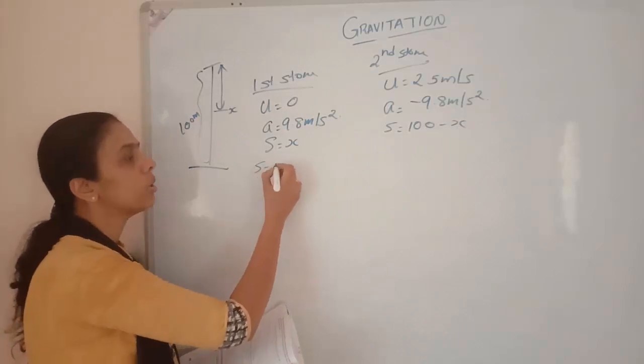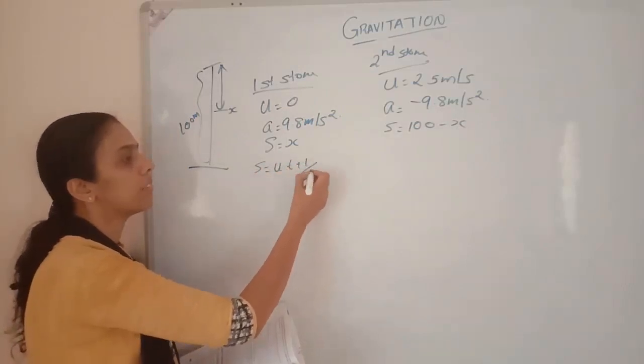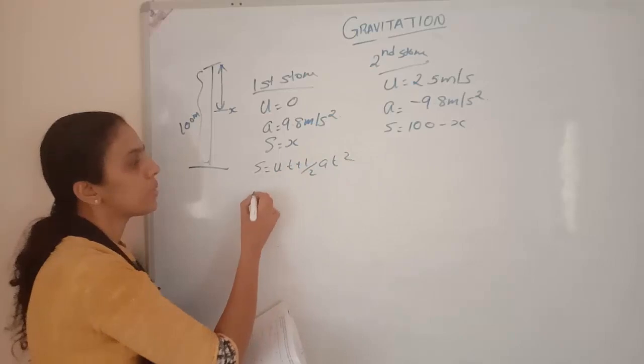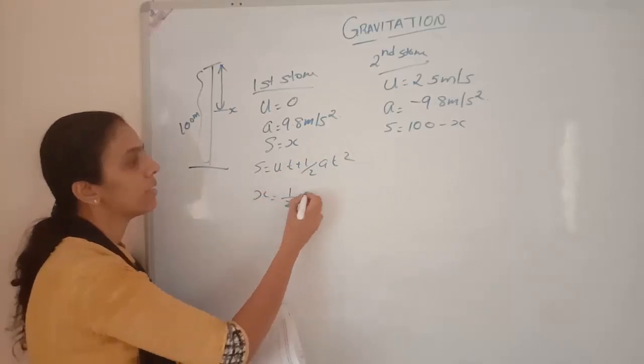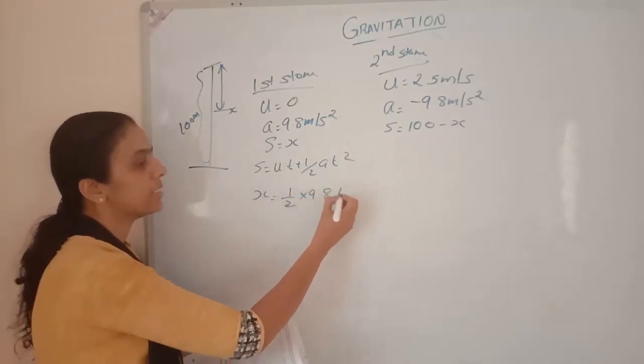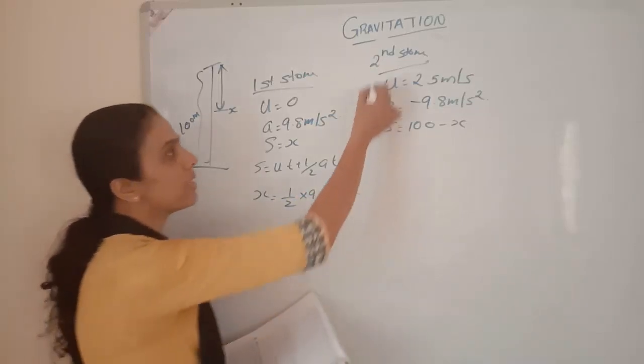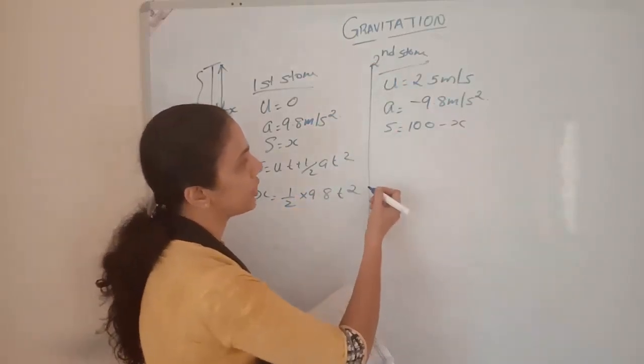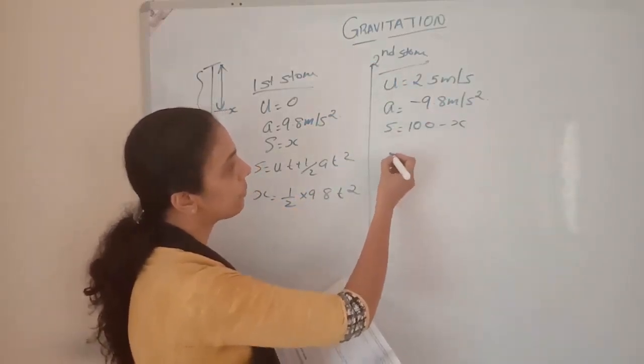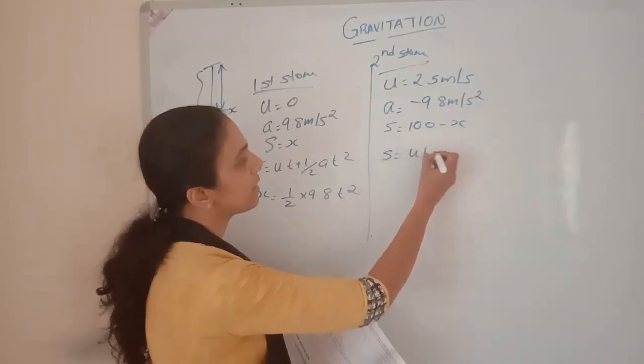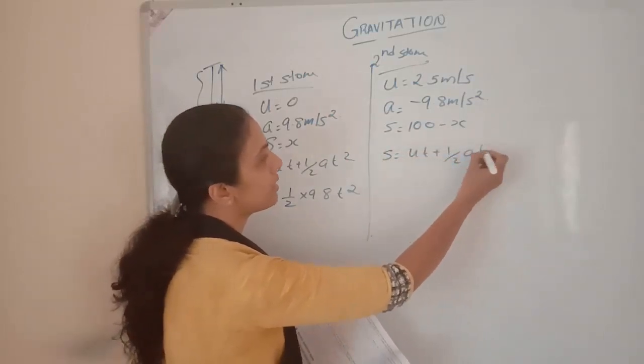Okay, so we can write down one formula here. S is equal to ut plus half a t square. So x is equal to half 9.8 t square. Here we will get another equation as S is equal to ut plus half a t square.